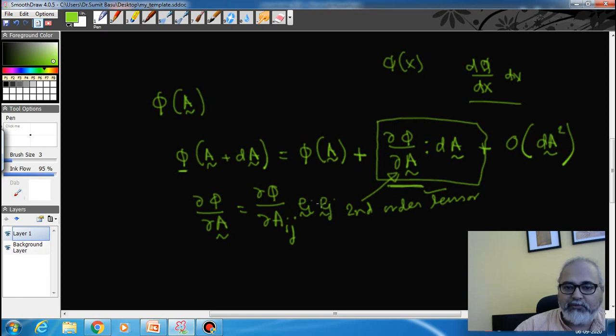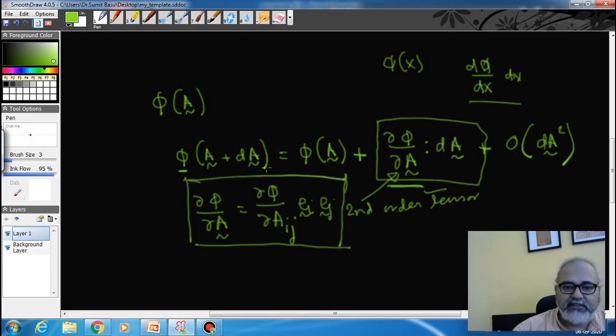Remember, we sometimes drop the dyadic symbol and write two vectors side by side. That means a dyadic product. So this is a second order tensor. We have shown that this has to be a second order tensor, and this has to be a contraction operation. Otherwise, this whole thing cannot give a scalar, and that's what we need on the left hand side. We need this to be a scalar. So this is how you take the gradient of a scalar valued function of a second order tensor.